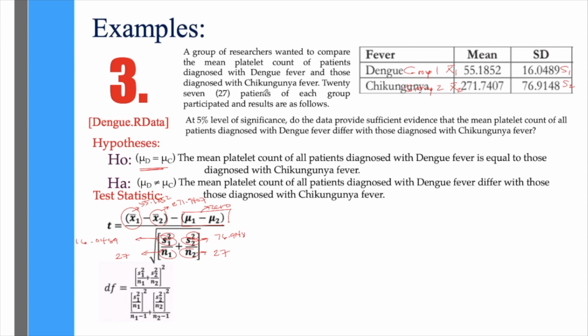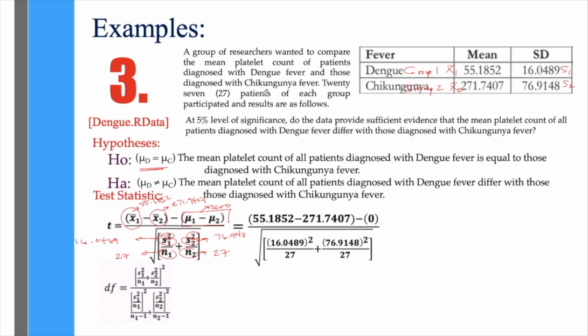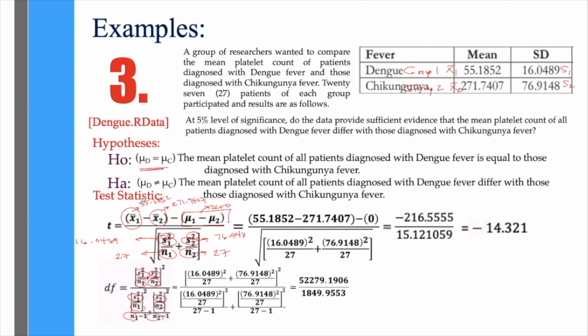So substituting those values, we're going to have t which is equal to negative 14.321. And for the degrees of freedom, we just have to substitute the same values for S sub 1, S sub 2, N sub 1, and N sub 2. And we're going to have a DF which is equal to 28.260.